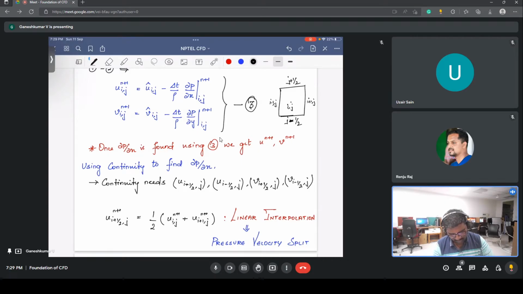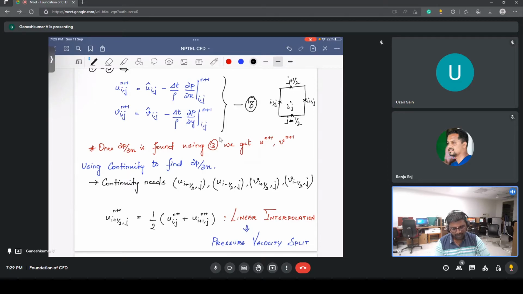So the continuity equation needs velocities at these face centers, right? If we are in a staggered grid, we are storing velocities at the face center, so you can easily take it. But now we are doing it in a collocated grid.